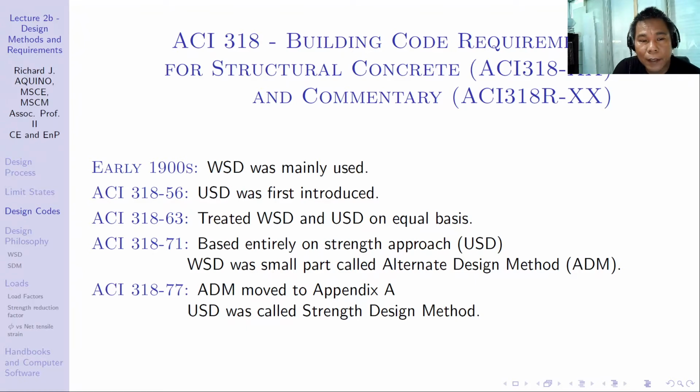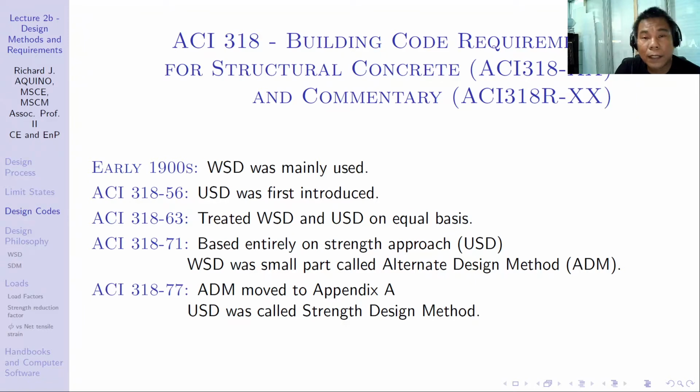In the early 1900s, the working stress design, or WSD, was mainly used in building code requirements for structural concrete. But in 1956, the ultimate strength design, or USD, was first introduced. But of course, WSD is still a design method for structural concrete. In 1963, the two methods, the WSD and USD, were treated on an equal basis.